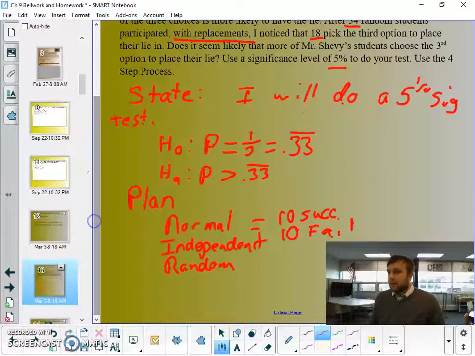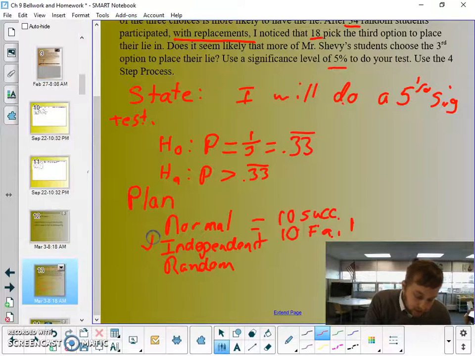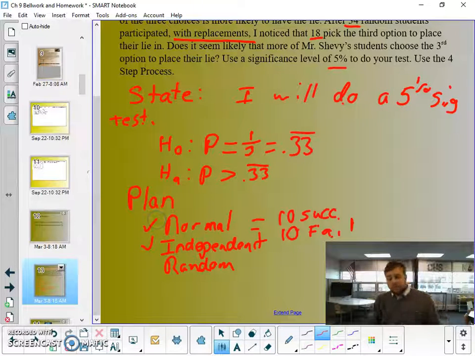So really, the population is just endless, because I could keep having people do it over and over. So the independence test, it is independent already. I don't need to do the 10%. As soon as I start replacing things, that's independent. And then random, did I choose them randomly? And yes, I did. So those are your plan.